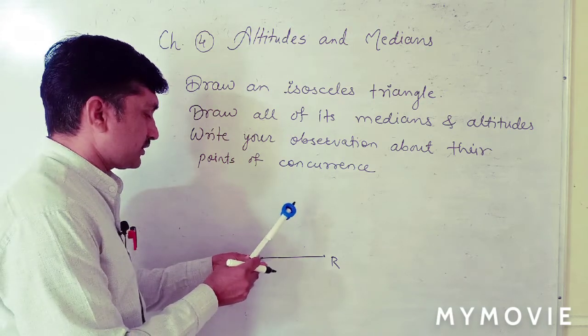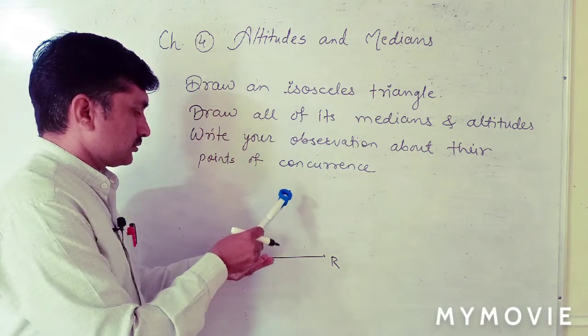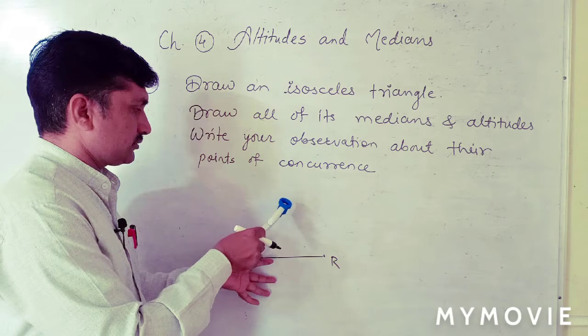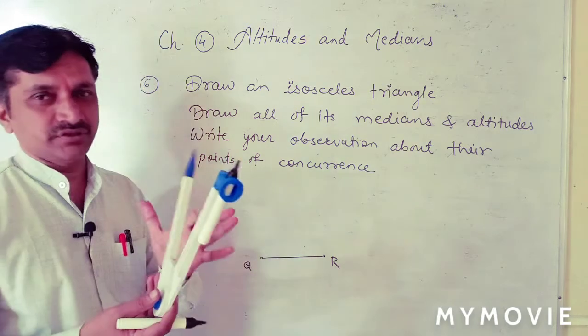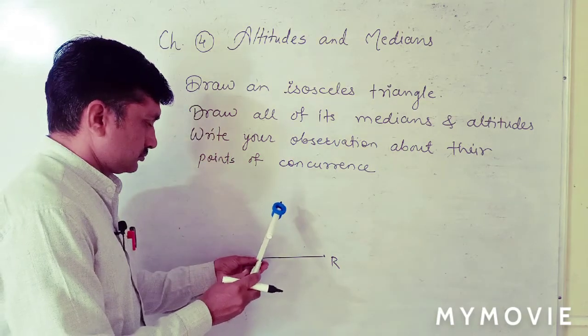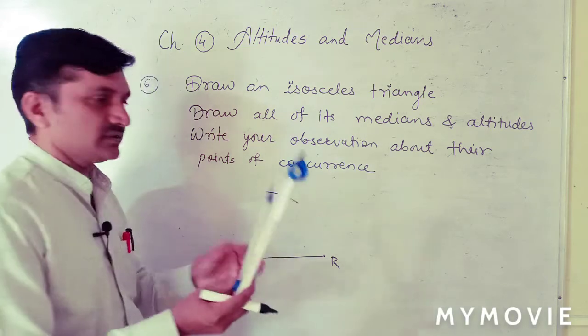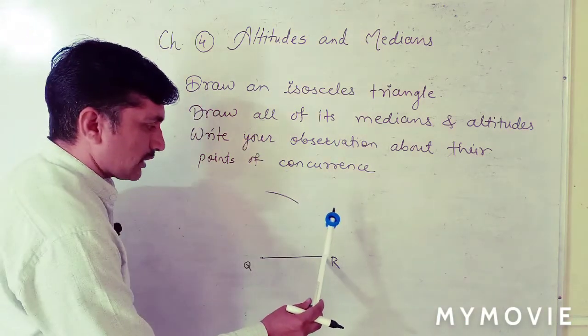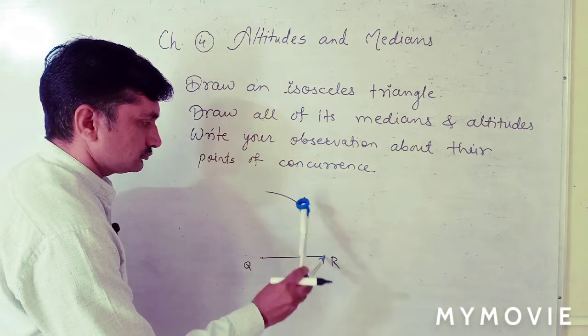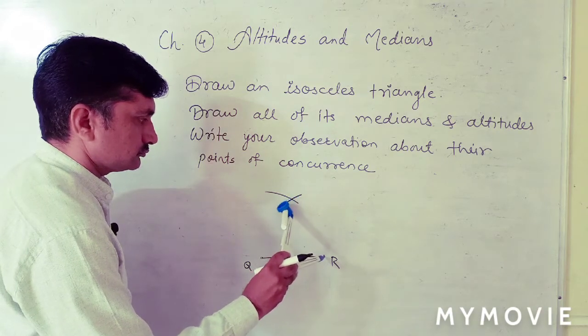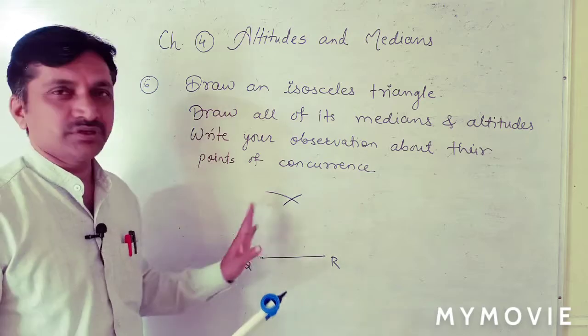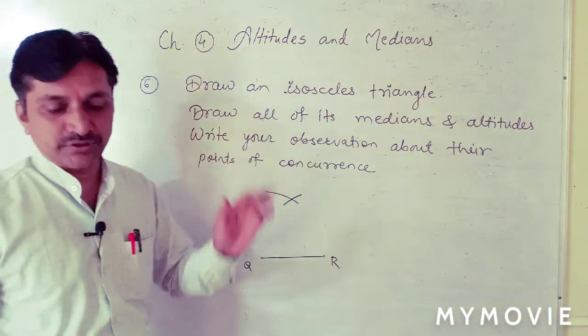The base is of any length, but the remaining two should be of the same length. Therefore whatever distance you are taking, now here, we don't know what the distance is. One arc from this side, same distance from R. As this and this both distances are the same, this is an isosceles triangle.